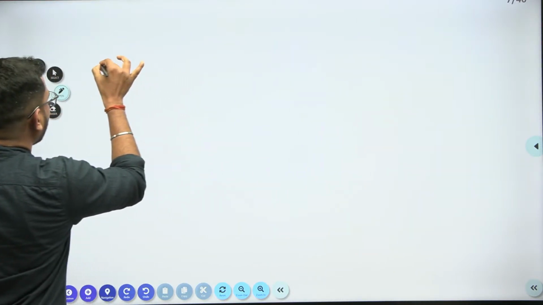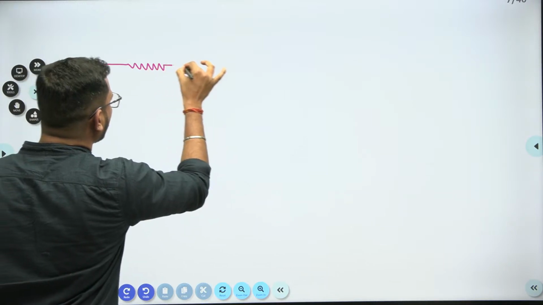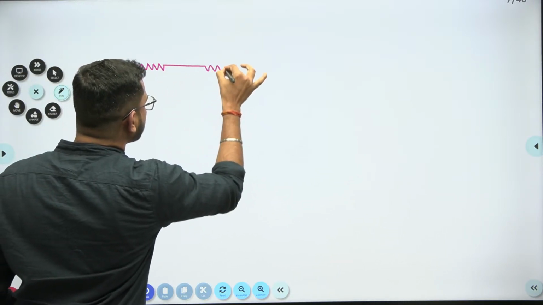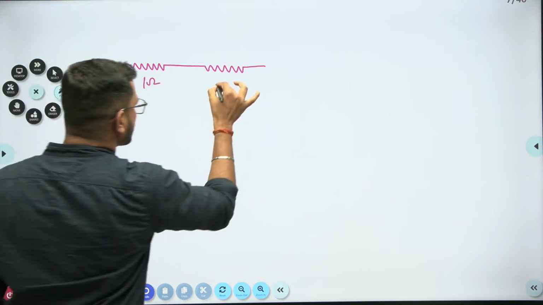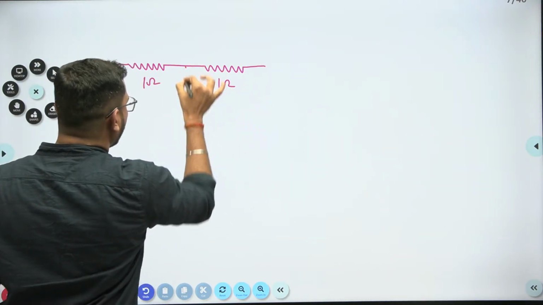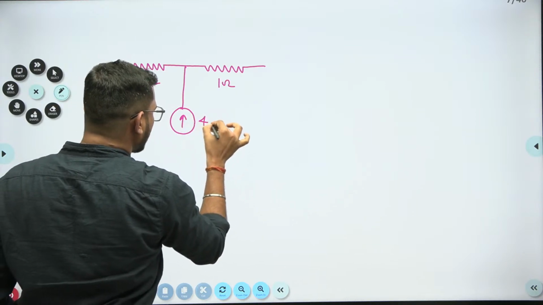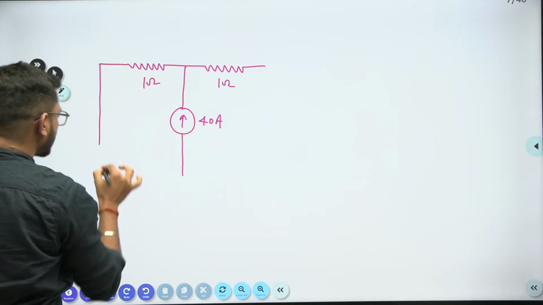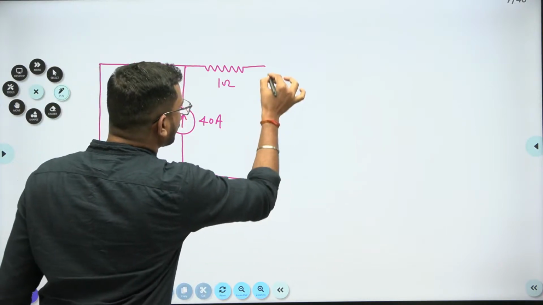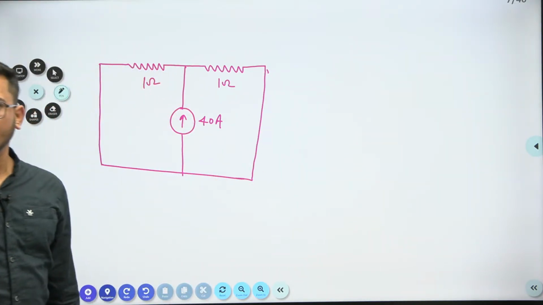So this is a resistance of 1 ohm, again this is a resistance of 1 ohm, and the current of this current source is 40 ampere. Is it clear to all, yes or no? Respond please. Okay, very good.